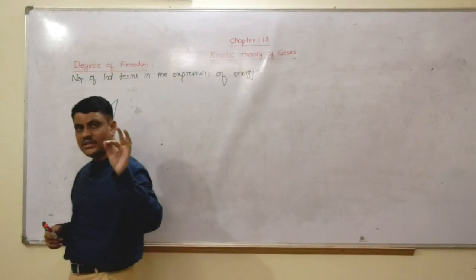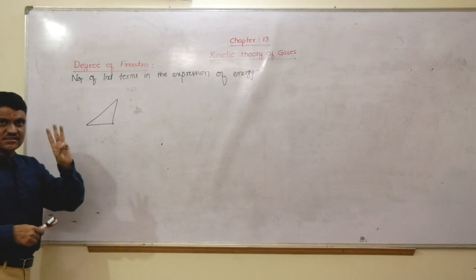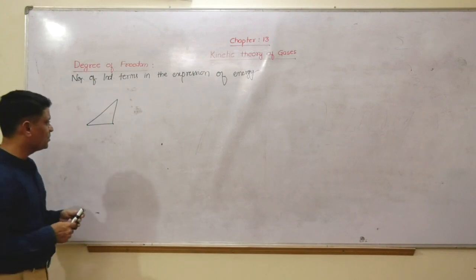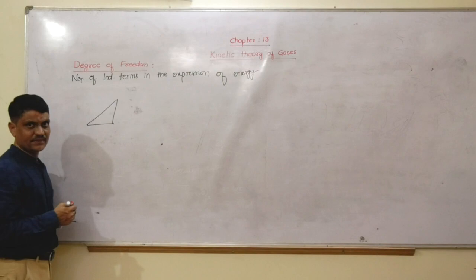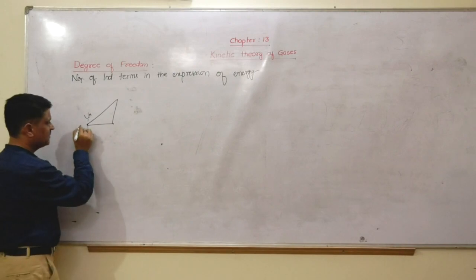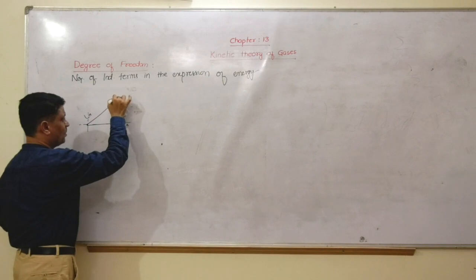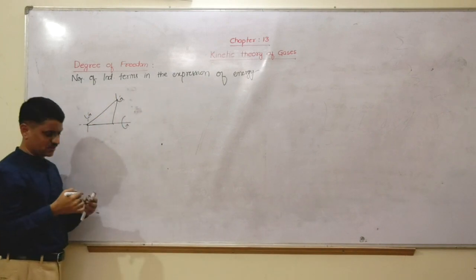Means even a polyatomic or triatomic non-linear has 3 translational kinetic energies, and they can rotate about the y-axis, or about the x-axis, or like this about the z-axis also.